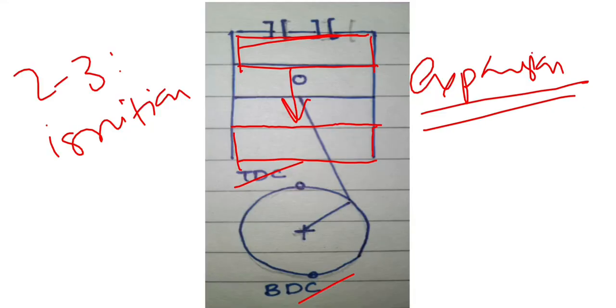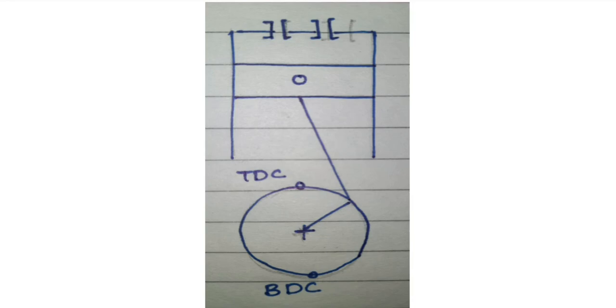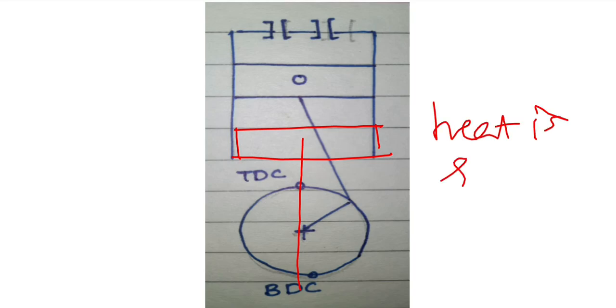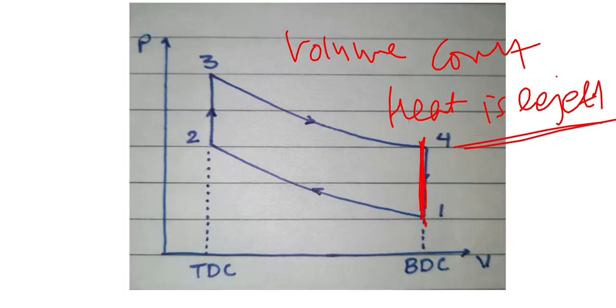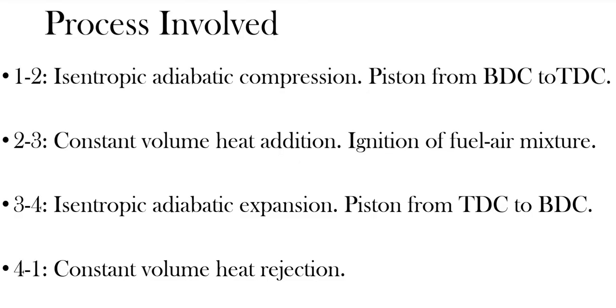For the start of the second cycle, the piston will be at bottom dead center, for every start and for every end the piston will be at the bottom dead center. And at the bottom dead center, heat is rejected at last. That is, the heat is expelled from the engine. See here, 4 to 1, constant volume, heat rejection.